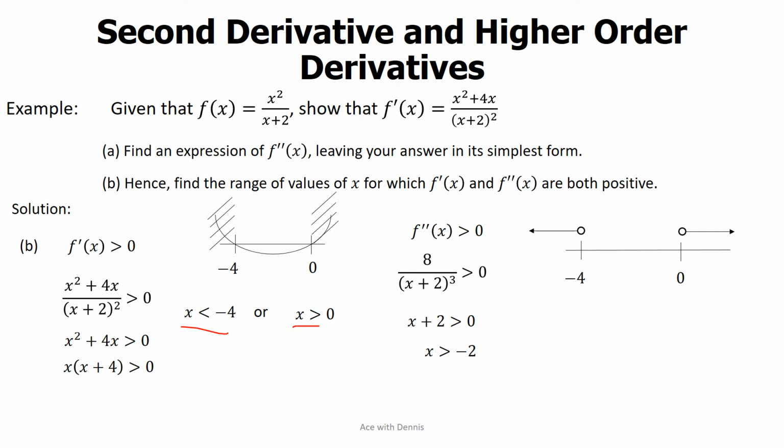So there's one white dot with an arrow pointing to the right. And here this is negative 2. So x is greater than negative 2. Then we have a white dot with an arrow pointing to the right. And from here, this region is overlapped with 2 arrows. Hence, the final range of x is x greater than 0 for f prime x and f double prime x to be both positive.